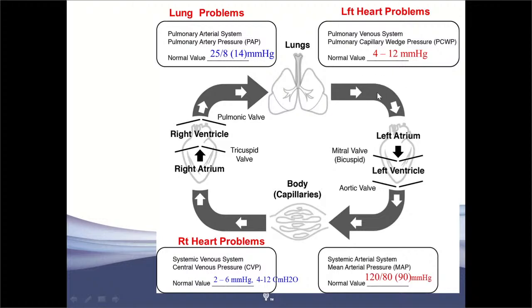So it's actually looking at the left atrial pressure, all right? So once again, if I've got a problem with my CVP, I got a right heart problem. If I've got a problem with my pulmonary artery pressure, then that is a lung problem. If I've got a problem with my wedge pressure, that is a left heart problem.